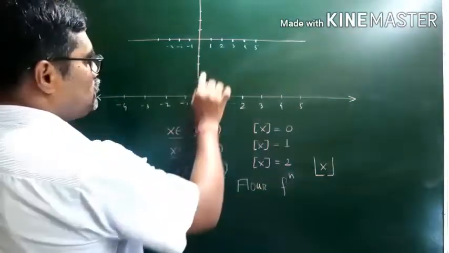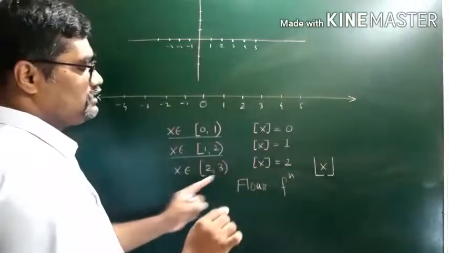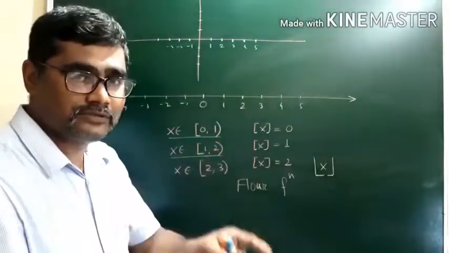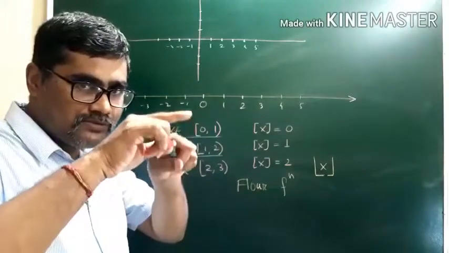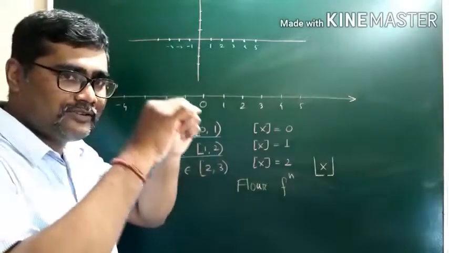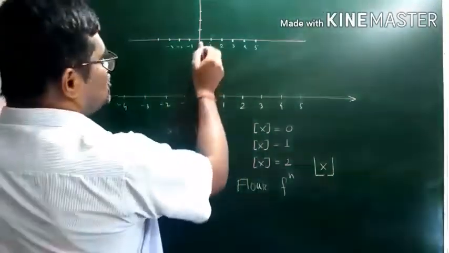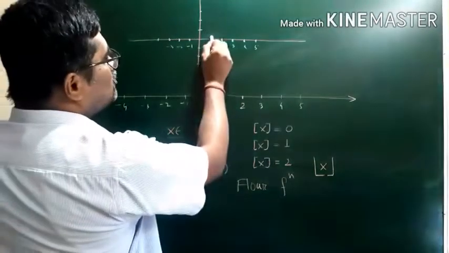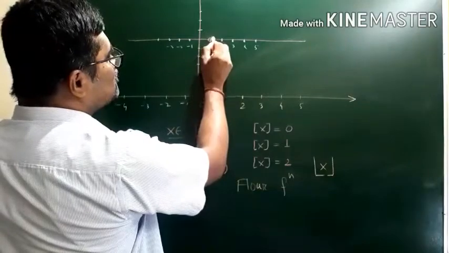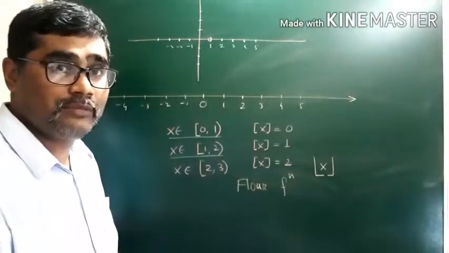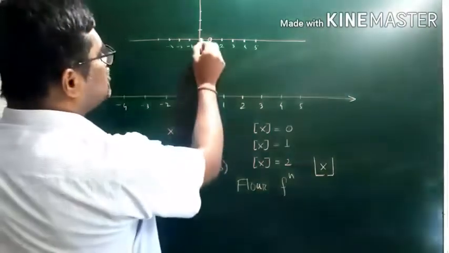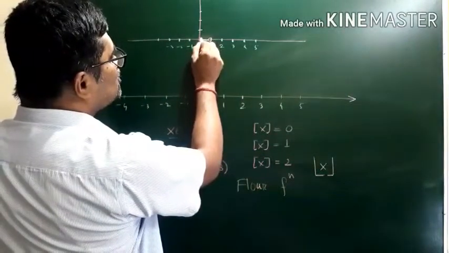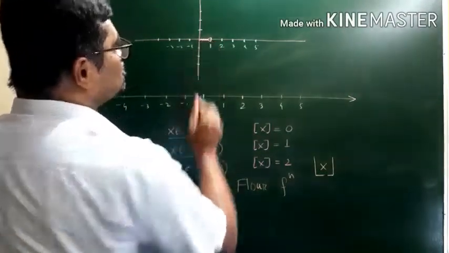If you take any point from 0 to 1, your return is 0. Means along the y-axis you don't go anywhere. You will be lying on the x-axis only. But remember here 1 is not being included. So how do we mark it? We will make a half circle, an empty circle, and this part will be darkened.